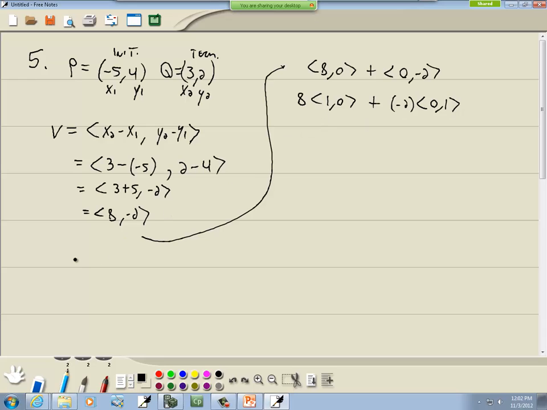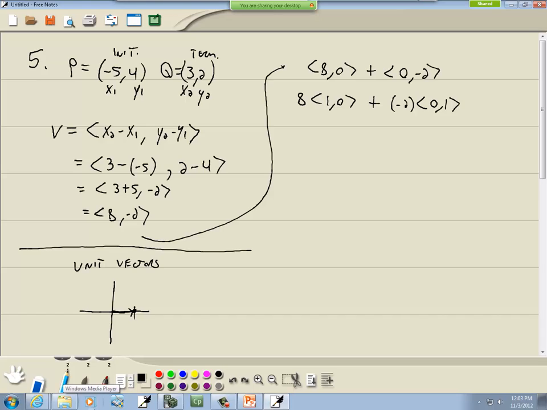Now this 1, 0 you see here, that's a unit vector. 1, 0 would be this vector right here, if I think of it graphically. It's along our x-axis.